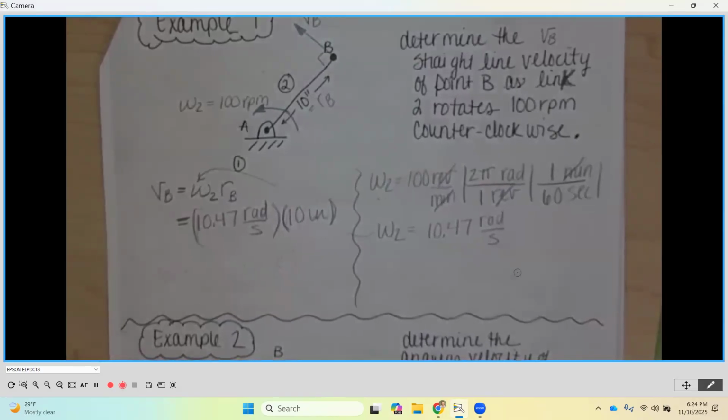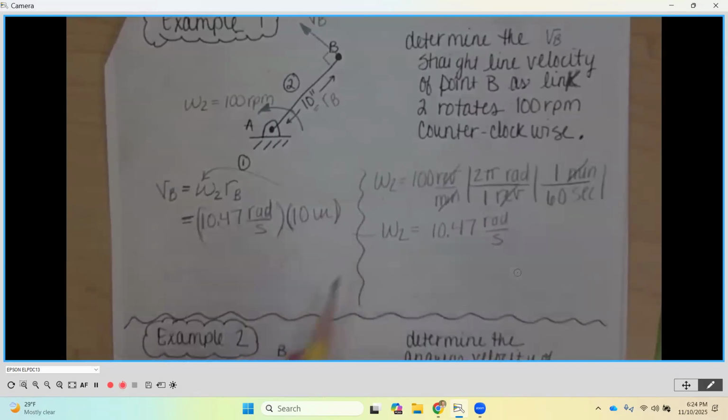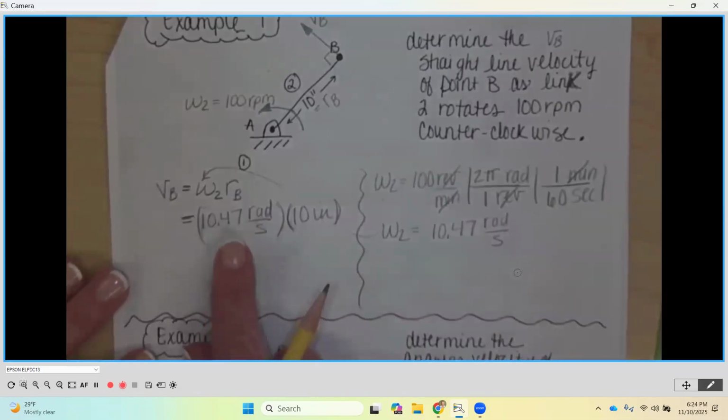But for what we're doing, 2 or 3 decimal places works out, and 3 is always pretty good. I always put them in their decimal form. But good question. So now we have our angular velocity in radians per second.